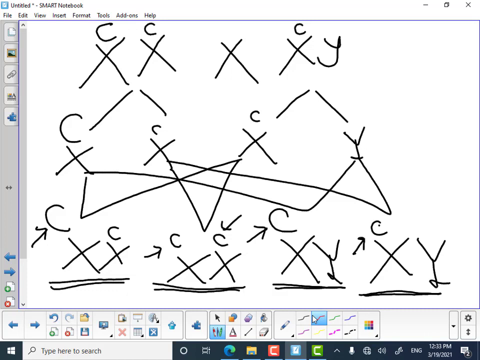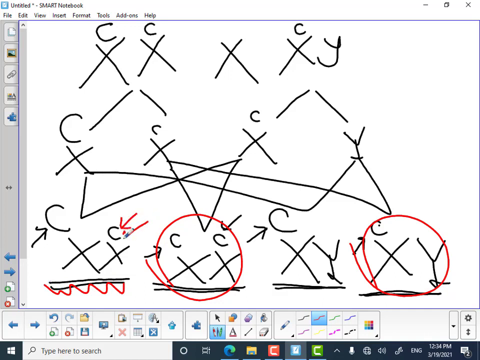How many infected and healthy males and females are in this generation? This is ill, this is hybrid. She carries the disease, but the phenotype is normal, like we know.